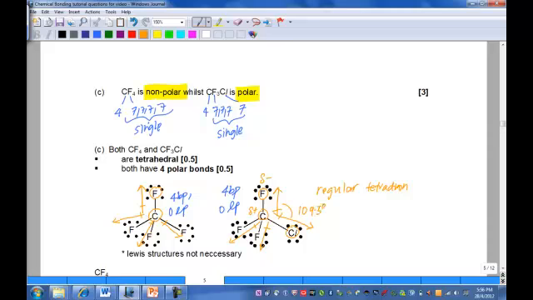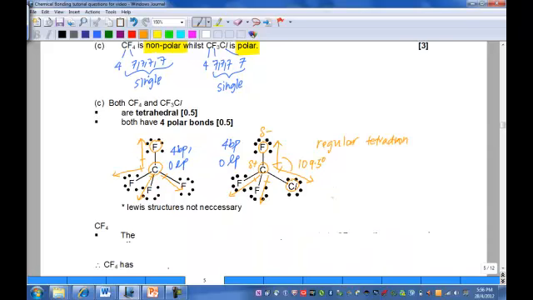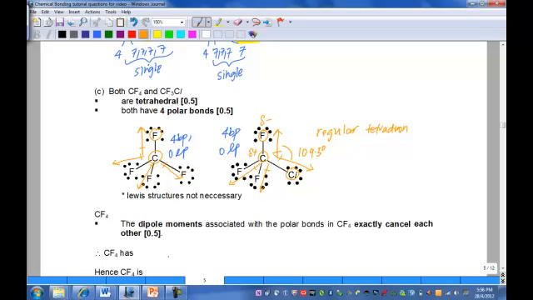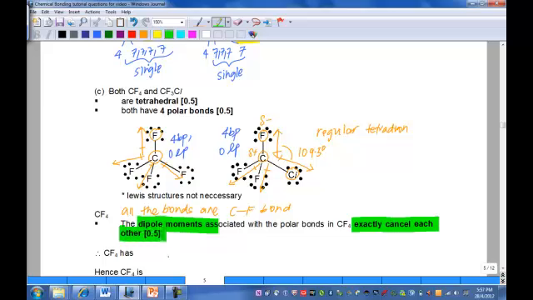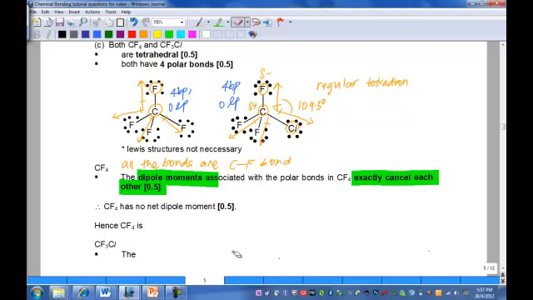You notice that for CF4, because all the bonds are CF bonds, the dipole moments should exactly cancel out each other. So CF4 has no net dipole moment, and hence CF4 is non-polar.